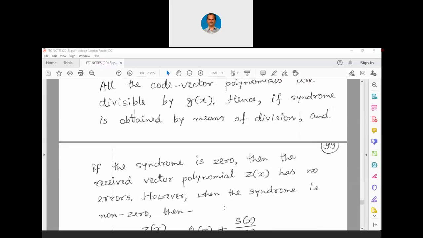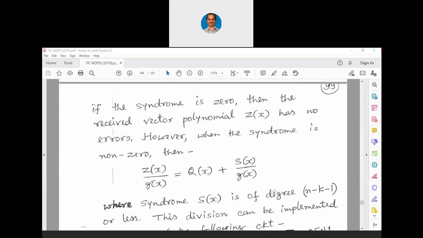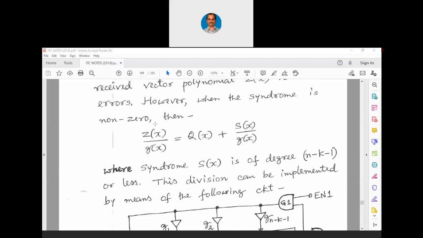Now, when the syndrome is non-zero, how exactly should we compute? When the syndrome is non-zero, then z of x divided by g of x is equal to q of x plus s of x divided by g of x, where s of x is the syndrome, q of x is the quotient, z of x is the received vector, and g of x is the generator polynomial.